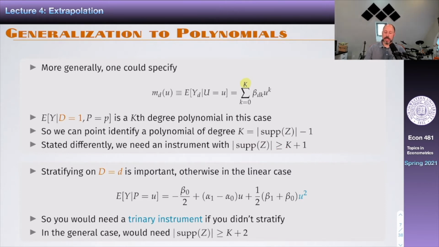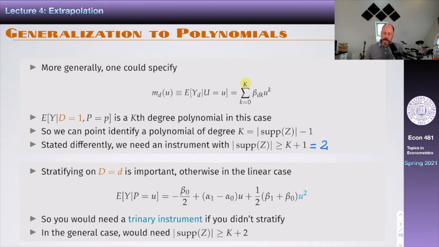In the previous example, k was 1, okay, because it was linear. So k plus 1 was 2. And then we needed an instrument with 2 points of support, binary, okay? But if you now have a 5-degree polynomial, you need an instrument with at least 6 points of support to point identify all these coefficients in the polynomial.